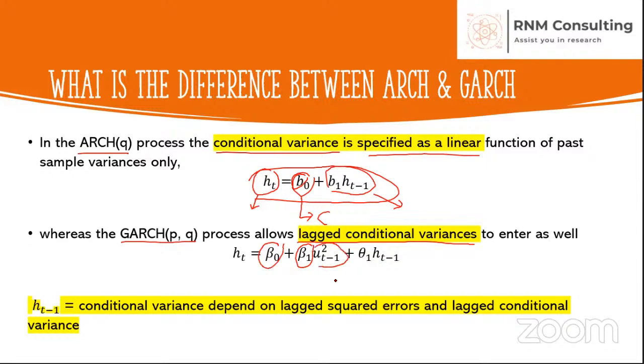This is like a residual for the lag, the conditional variance. And this is for the theta. Theta is for the extended ARCH model. So the difference is we add the residual lag and the theta.